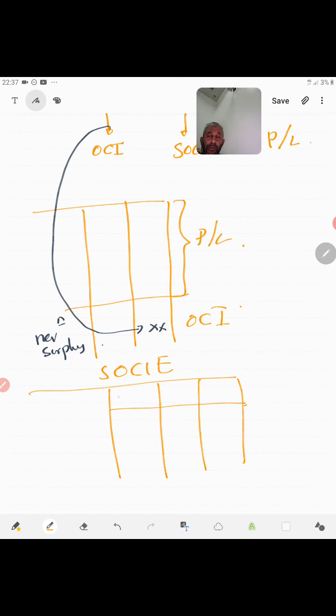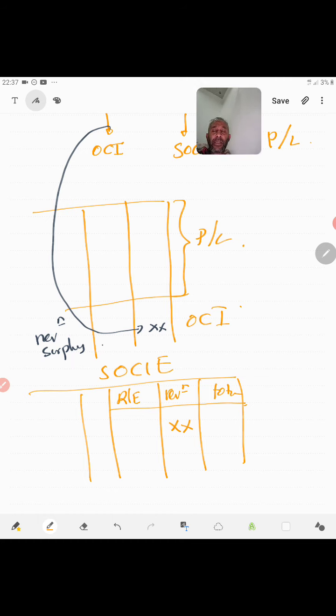Where we may have a retained earnings column, and we may have a revaluation column, and a total column, and also other columns. So when you have this first-time revaluation, we will take it here as part of the statement of changes in equity.